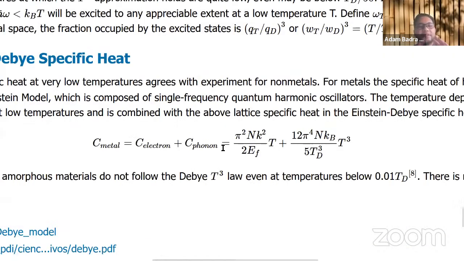This is a very simple picture where we assume there are only phonons, which we describe, and also only the condensed electrons, and we don't describe the valence part of the electron.